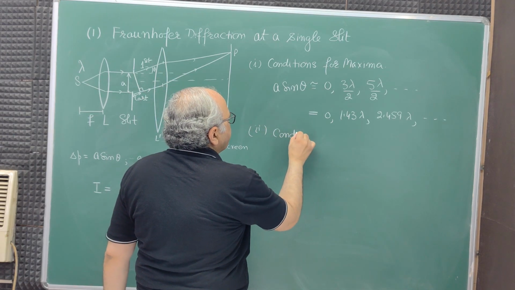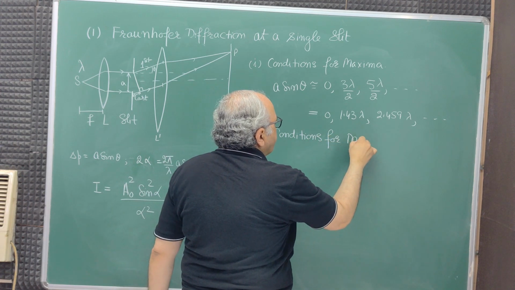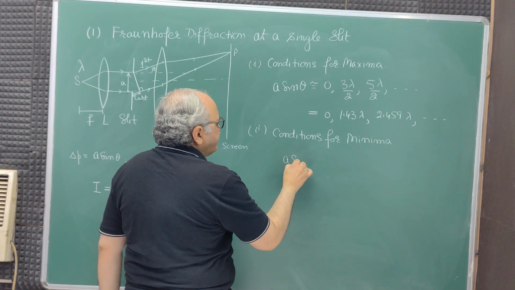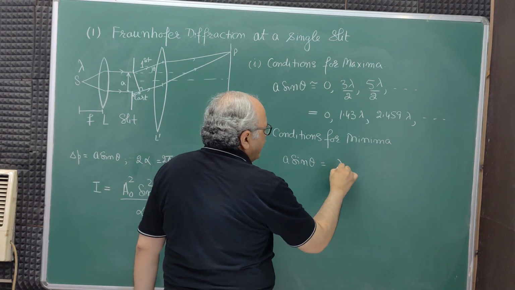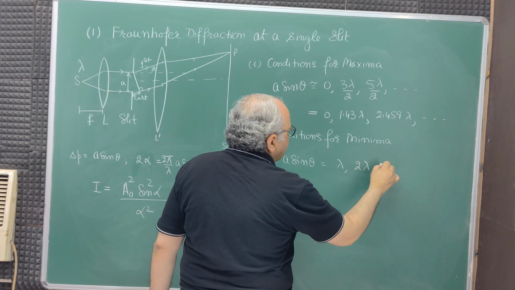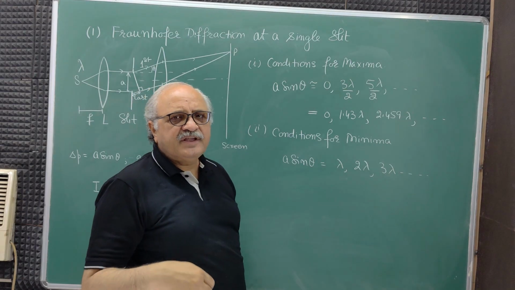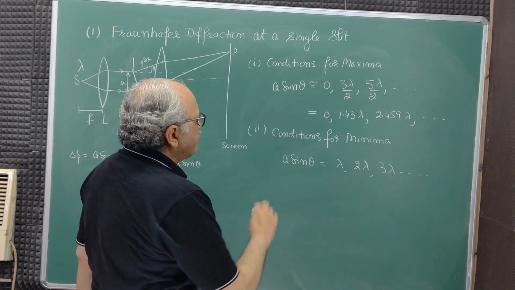Conditions for minima. That is a sine of theta equals lambda, twice of lambda, thrice of lambda, and so on. And these can be plus as well as negative on the other side. So these are the conditions for minima.